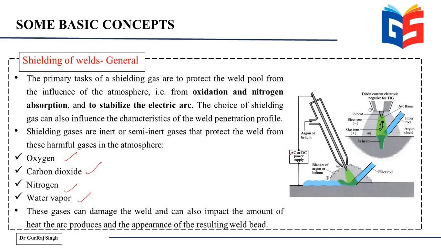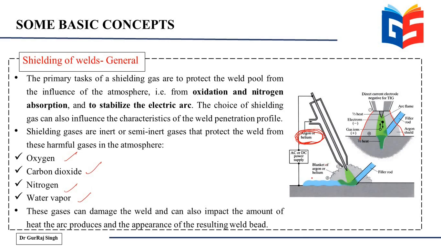So by shielding we mean that we create an envelope around the weld pool, an envelope of a specific gas, which normally is a non-reactive gas, an inert gas like argon or helium.